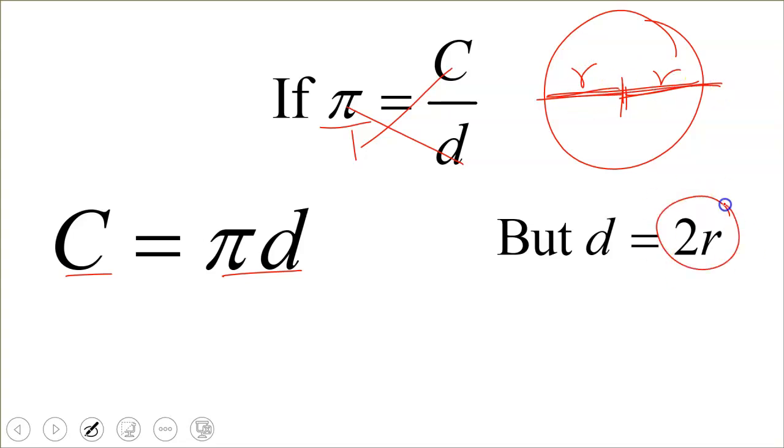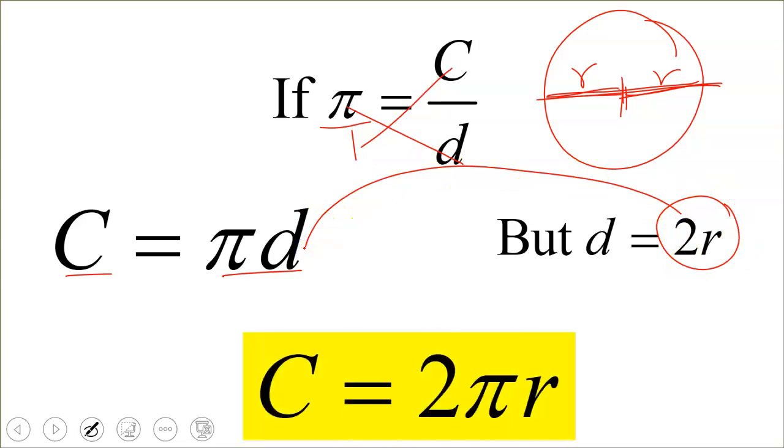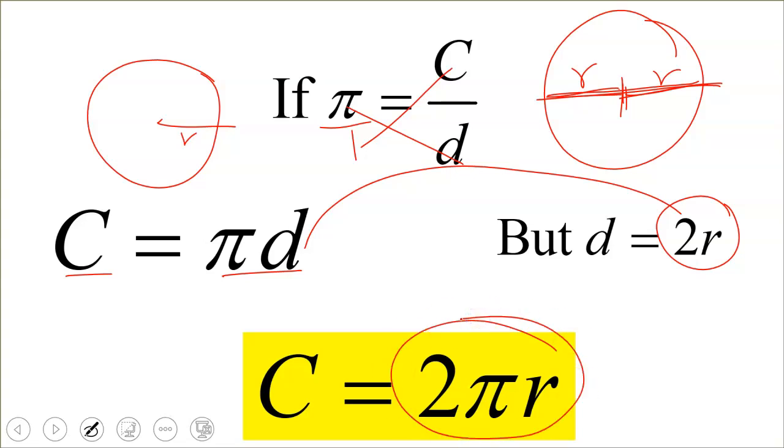So if I substitute this into D, then I can write C is equal to 2 pi r, which means if I want to know the circumference of a circle and I know the radius of that circle, I can use this relationship to find the circumference. If I want half of it, then I divide everything here by 2. So this is how we find the circumference of a circle using the constant pi when r is given.